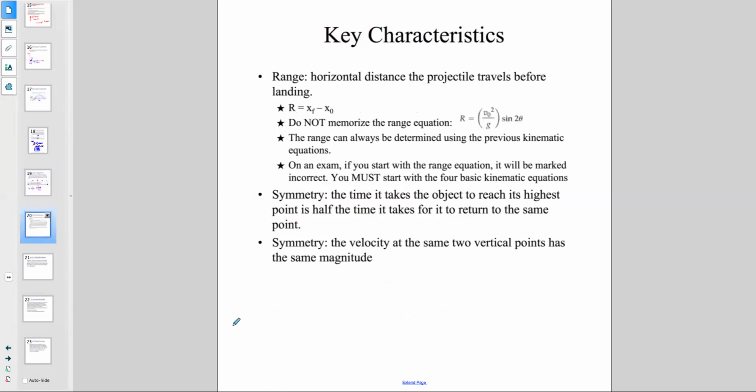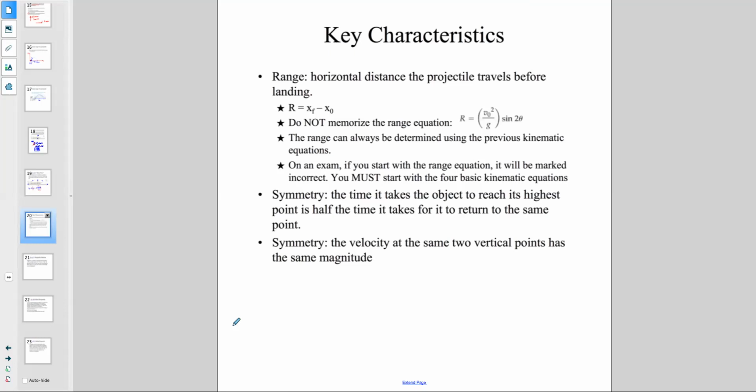Now, we talked about range before, but we're going to go over it one more time here. Range is the horizontal distance the projectile travels before landing, okay? In other words, it is the opposite end of the trajectory along the x direction, or R is x_f minus x_0.